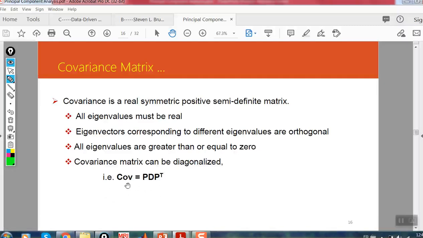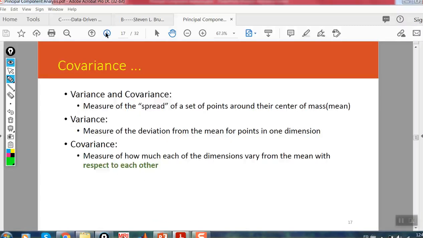It is like the right and left eigenvectors that again we mentioned in the previous session. Okay, then totally if you compare the variance and covariance with each other, both of them are a measurement for the spread and the distribution of data.